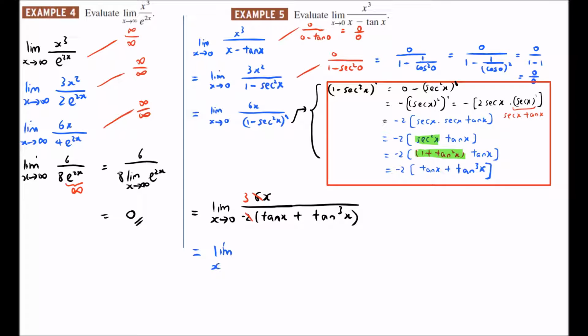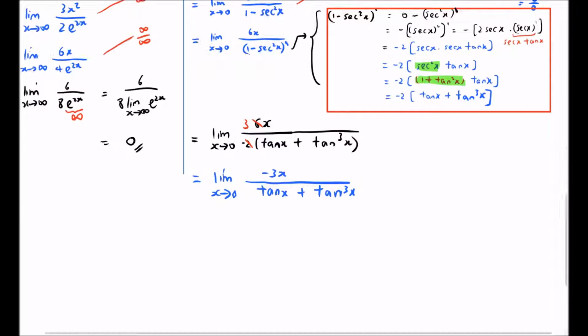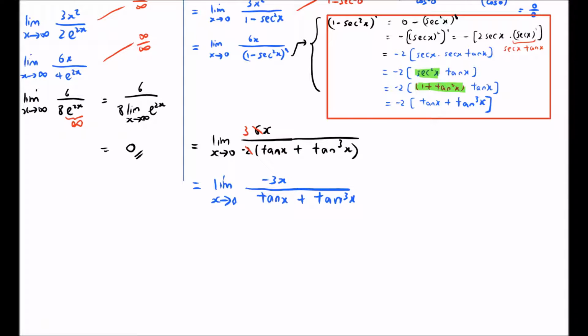Now the negative sign will go on top, so minus 3 over tangent x plus tangent cube x. Now again you test, right? So you sub 0 into the numerator, get 0 over tangent 0 plus tangent cube 0. So again it is 0 over 0. So again it is indeterminate form. So again we differentiate.